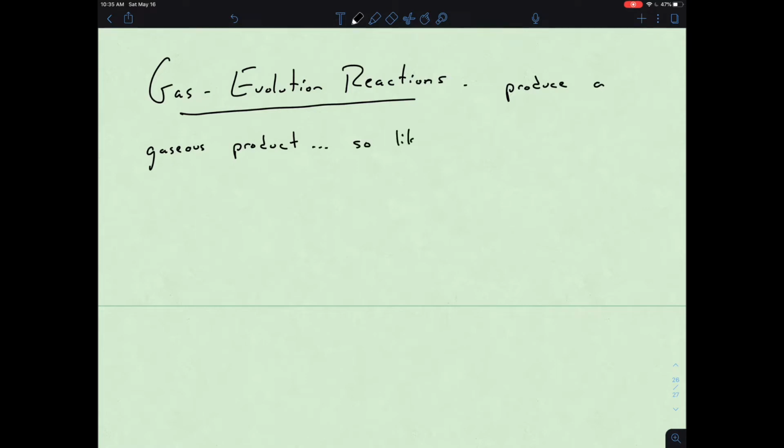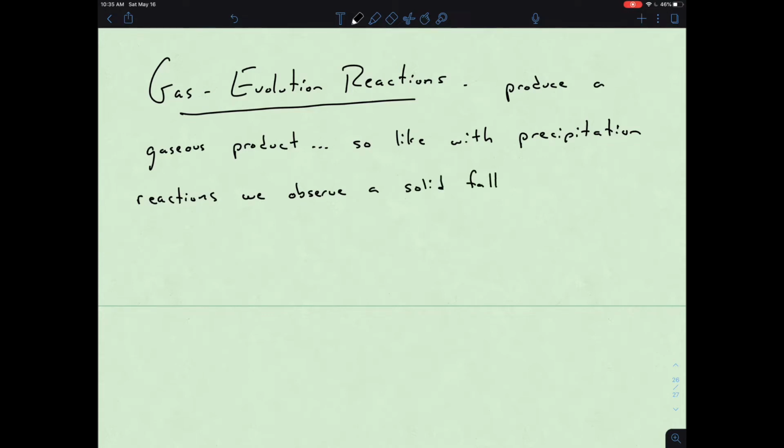So like with precipitation reactions, we observe a solid falling out of solution.